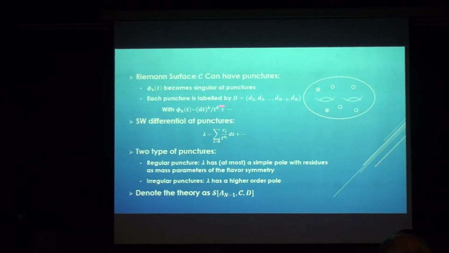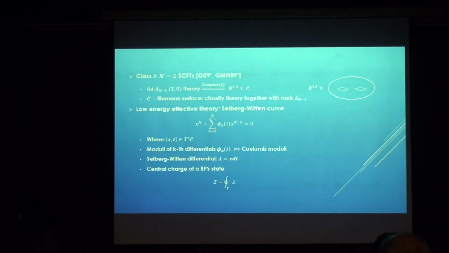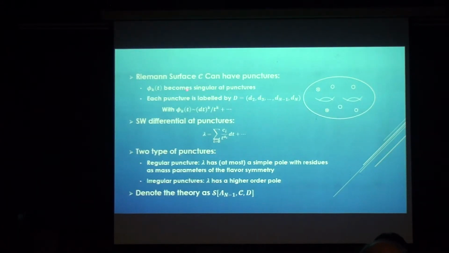The k-differential phi becomes singular at the punctures, and each puncture is labeled by a set of N-1 numbers, d_2 to d_N, which determines the singularity of this differential at each puncture.